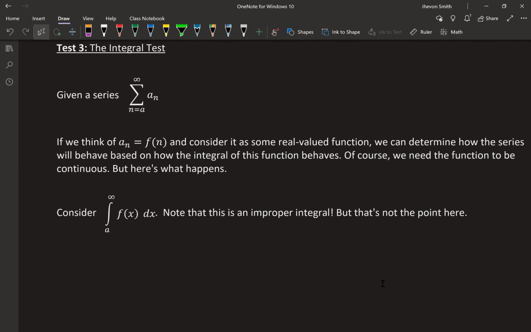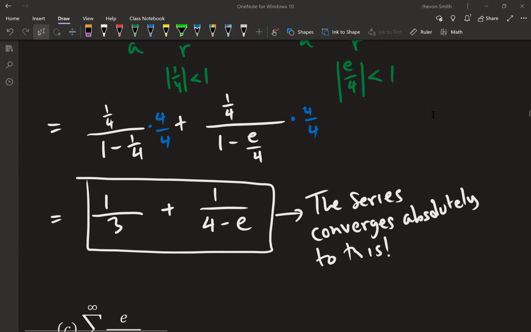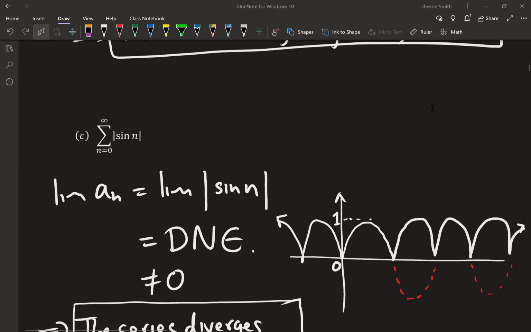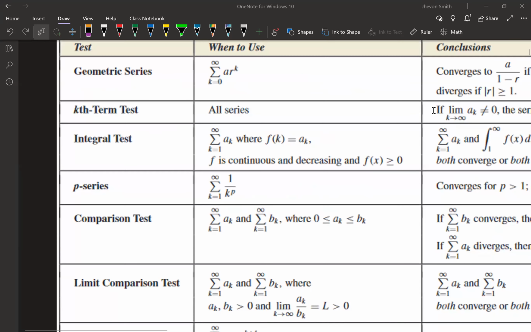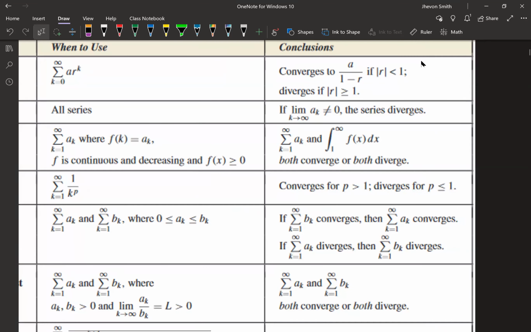So here's the thing with the integral test. You're looking at a series. If it's equal to 1, it diverges. It has to be strictly less than 1 in absolute value. So if you go to this table, which will be in the notes, and there's a copy of this table on the class webpage as well, notice in the second line, it says diverges if absolute value of R is greater than or equal to 1.